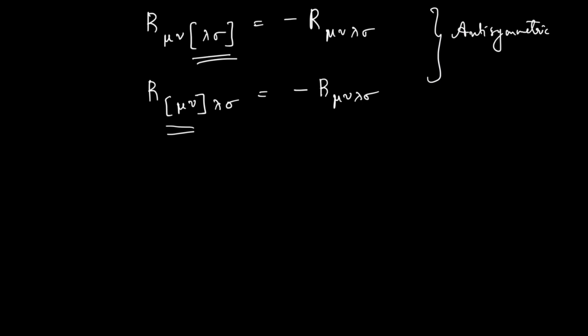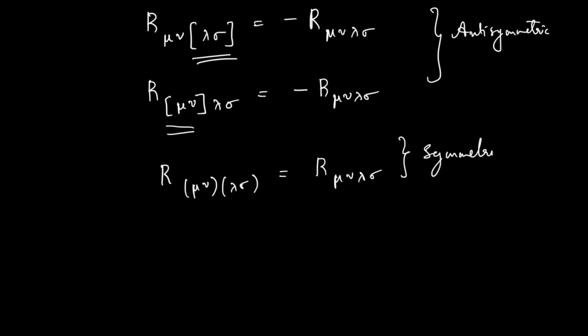Thus, the fully covariant curvature tensor obeys the following symmetry properties, that is R mu nu lambda sigma. So this square bracket means anti-symmetric, minus R mu nu lambda sigma. So with respect to last two indices and first two indices, it is anti-symmetric. Now if I interchange pairwise, that is mu nu and lambda sigma, then I get the same, which means pairwise it is symmetric. So this means that the curvature tensor is anti-symmetric in interchange of last two indices and also anti-symmetric in interchange of the first two indices, and finally symmetric in interchange of pair of indices.